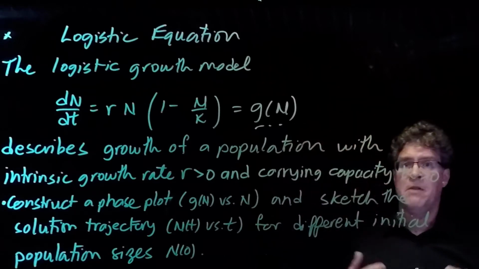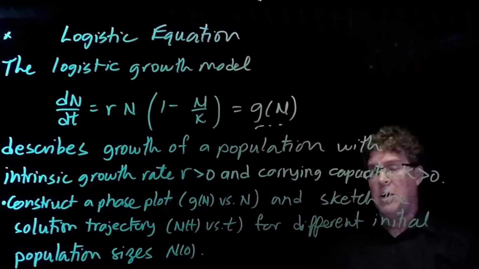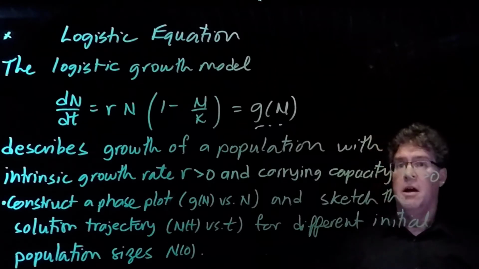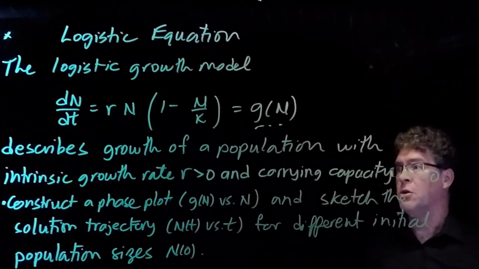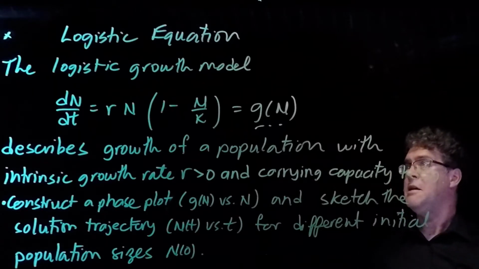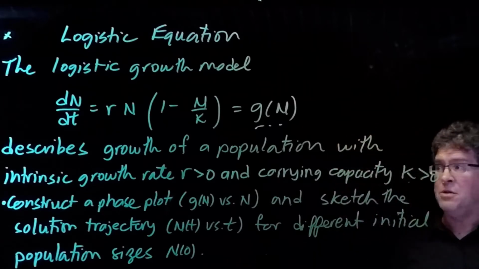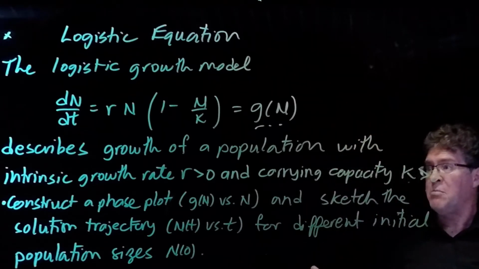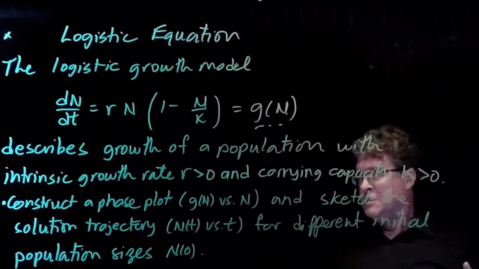r and K are fixed numbers, but they would be different, say, for growing cell populations versus a human population. r is called the intrinsic growth rate, and K is called the carrying capacity. And what the question asks us to do is to construct a phase plot, that is g(N) versus N, for the logistic equation.